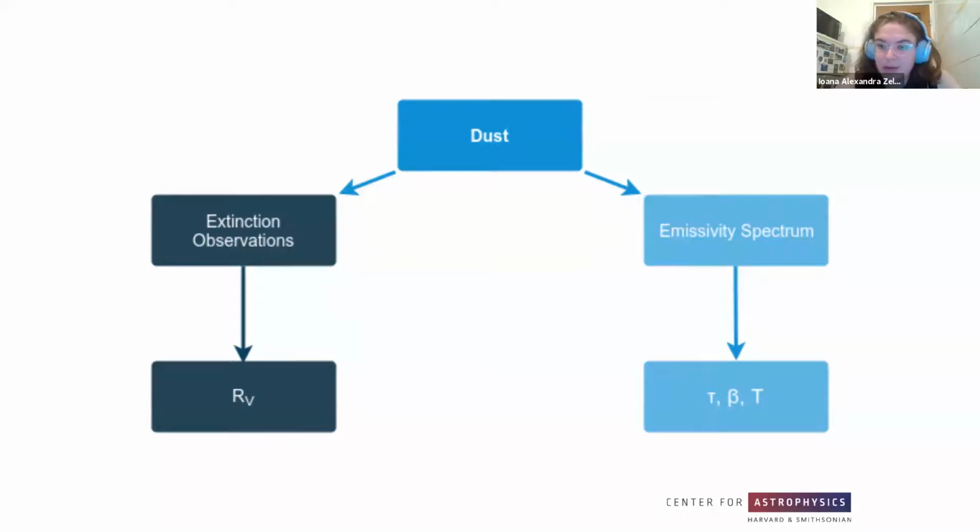T is the temperature of the black body, beta is the power law, and then tau is just the overall optical depth of the emission process. But in reality, we know that this radiation is more complicated than that, and analytically, it should not be modeled by just the simple modified black body.